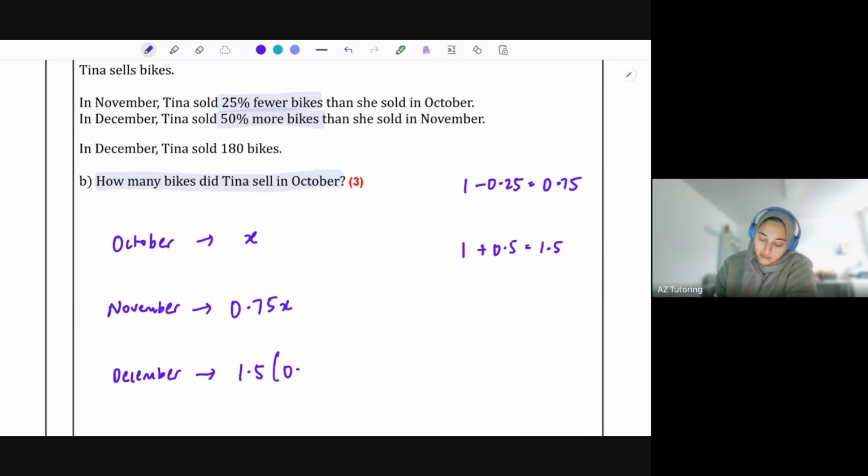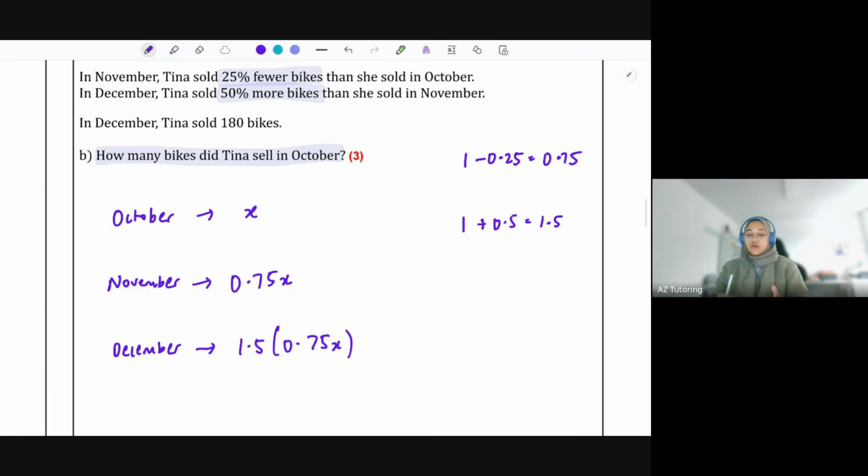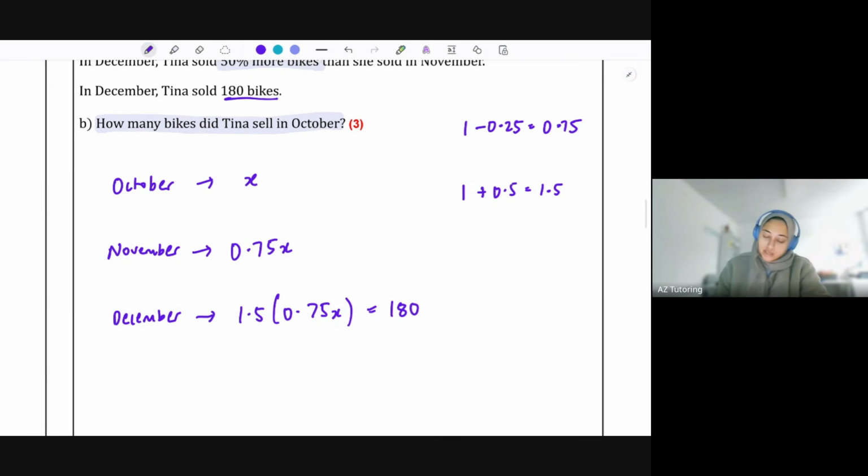So we're just timesing it by 0.75 times by X. So we've got all these 3 months in terms of X now. So we know in December she sold 180 bikes. So we can solve that to find X now because they've told us how much she sold in December. Let's solve that last equation.